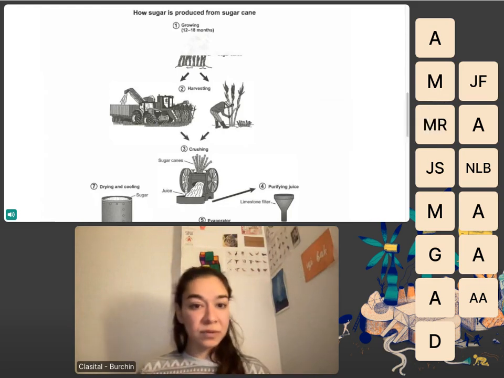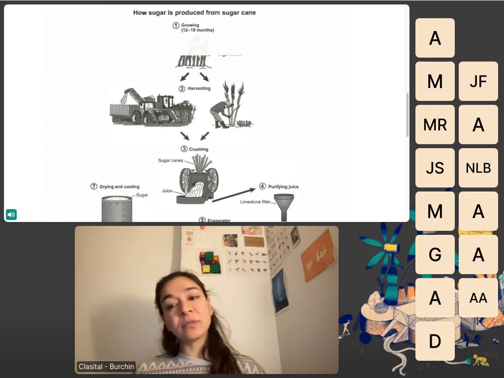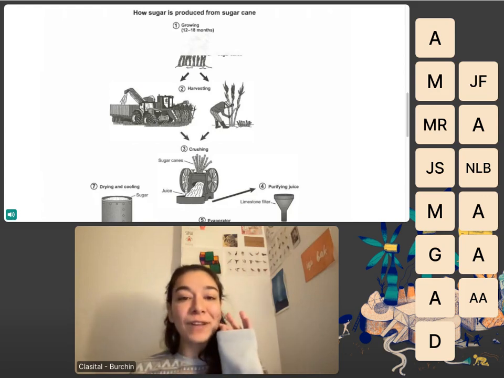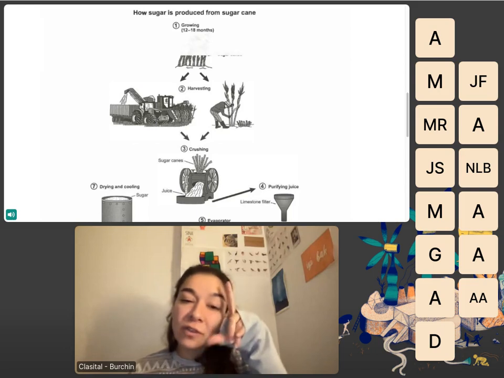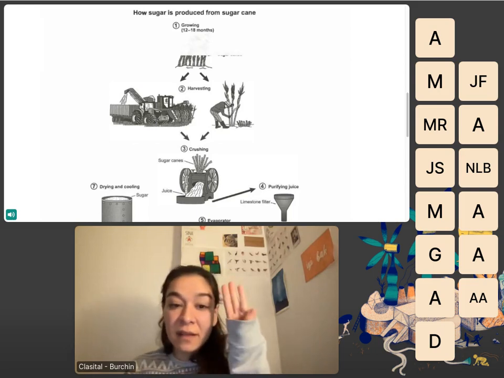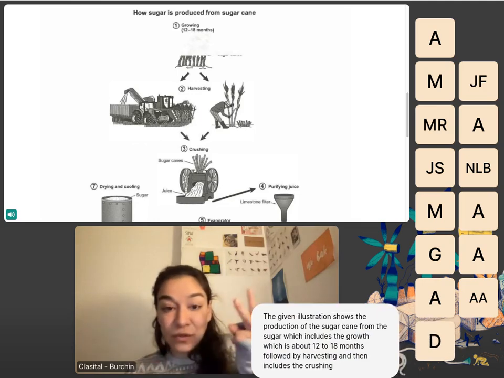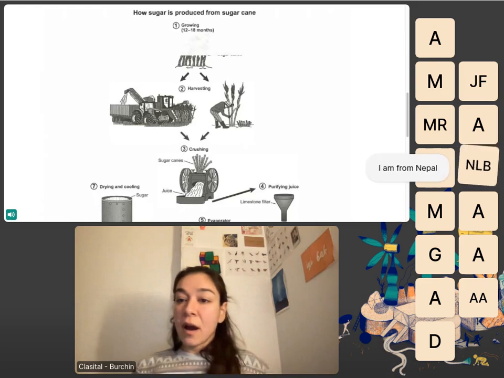Are trimmed and trimmed. Okay. And put in crushing machine. Okay. But how will you reach 150 words if you tell me the first three processes with just two sentences? You should write at least 150 words.